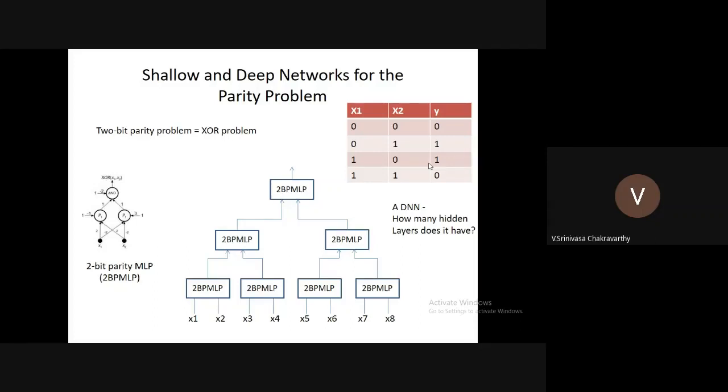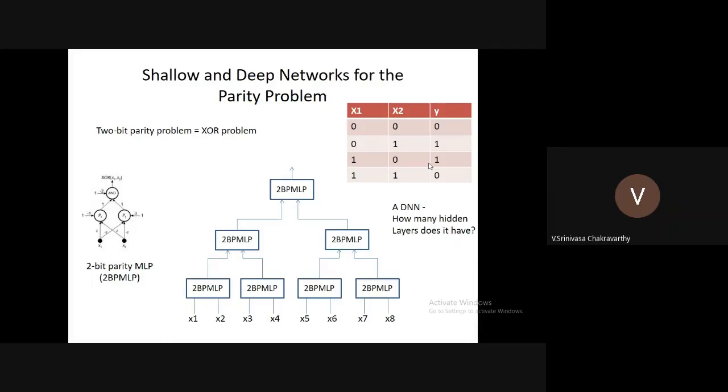It has two inputs and one output. If the inputs are 0, 0, the output is 0. Inputs 1, 1, again the output is 0. Inputs 0, 1 or 1, 0, the output is 1. So basically in the XOR problem, you are counting the number of ones in the input and saying whether it is an even number or an odd number.